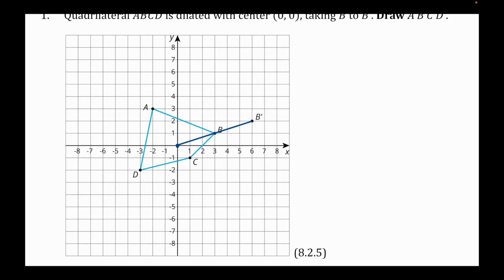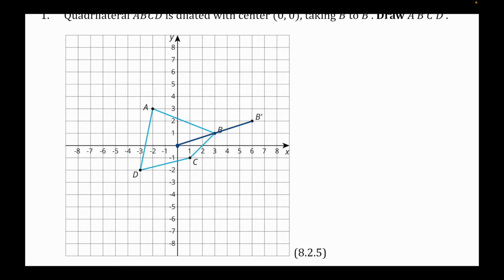So I'm going to draw a line that goes through both of those. And you can see here, the original size from the origin to B goes up 1 and then over 3. And from the origin to B prime, it goes up 1 over 3 and then up 1 over 3 again. So this has doubled in length.